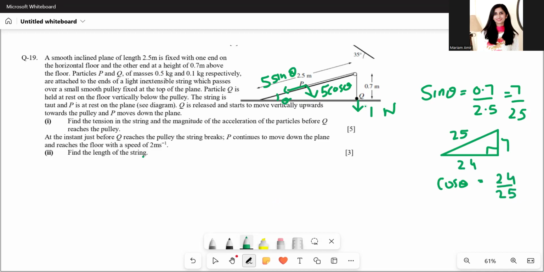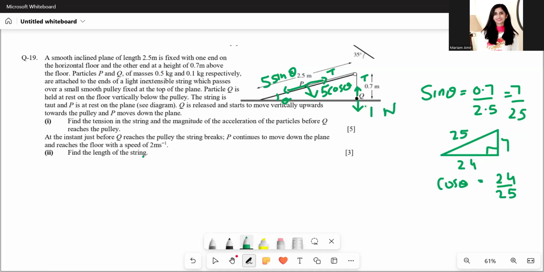Next, there would be a tension in this direction. There would be tension in this direction. It's the same string, so the value of T is going to be the same on both P and Q. Then it says that particle Q is held at rest on the floor vertically below the pulley.